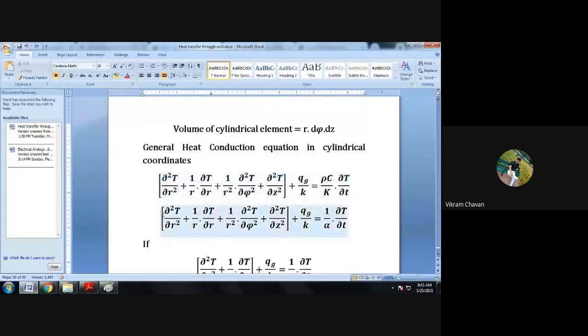Now in the next equation, we know that rho C divided by K is nothing but 1 upon alpha, where alpha is the thermal diffusivity of the material.